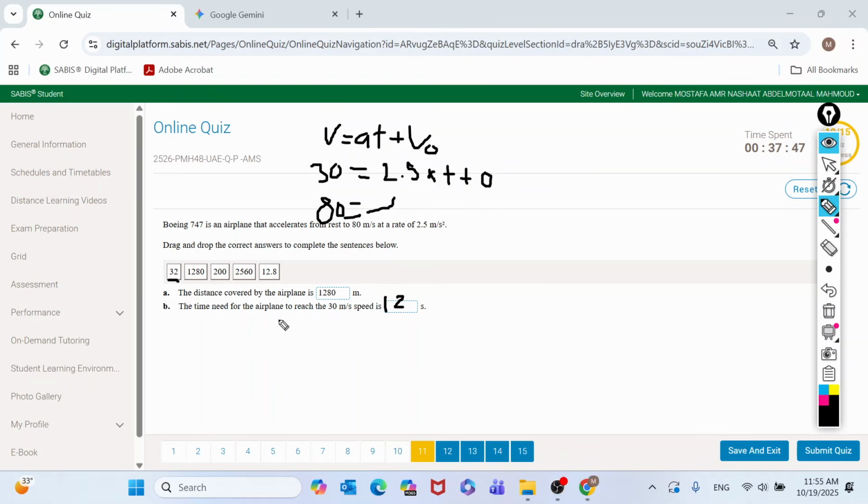But they want how long it would take the airplane to reach 30 meters per second, not 80 meters per second. So the answer in the quiz is 32, but that's wrong. The correct answer is 12.